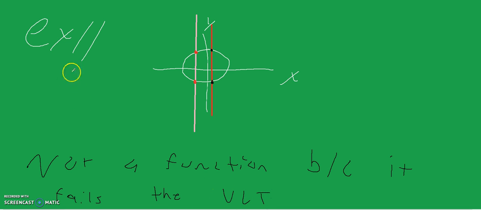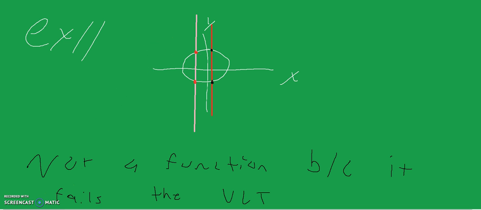It fails because at some point my graph intersects the vertical line in two different spots. It doesn't matter if it intersects in 5 spots or infinitely many spots. As long as it does it more than once, it's not a function.